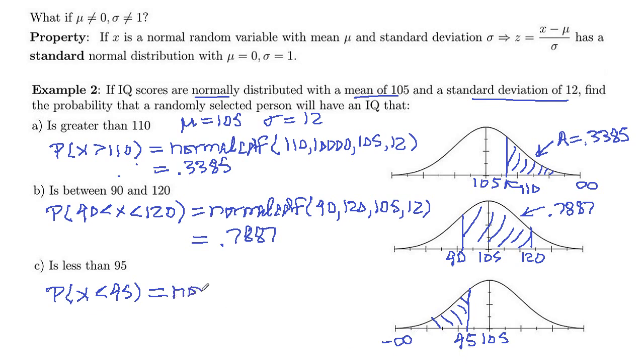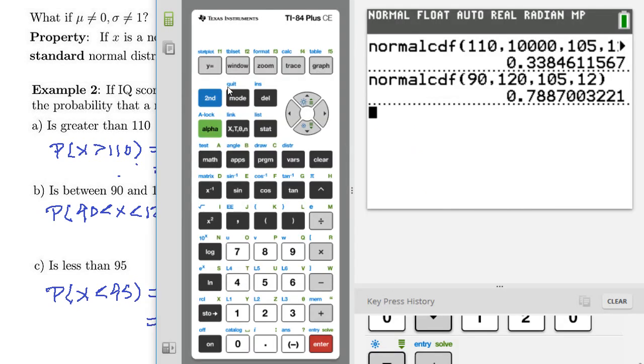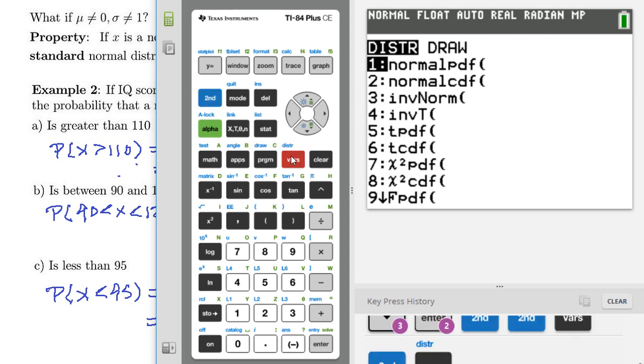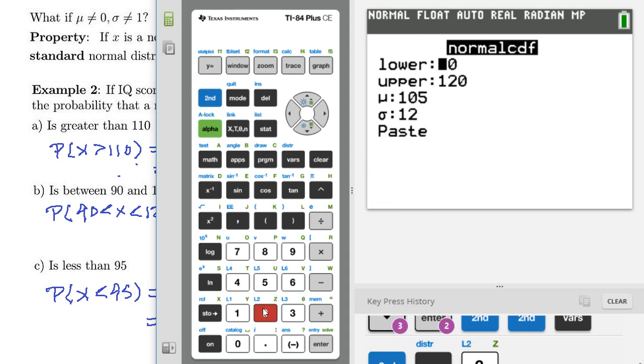So this will be normal CDF. Left cutoff, we'll use negative 10,000. Right cutoff, 95. And then mean, standard deviation. So let's go ahead and enter that. So second variables, and then we need number 2.